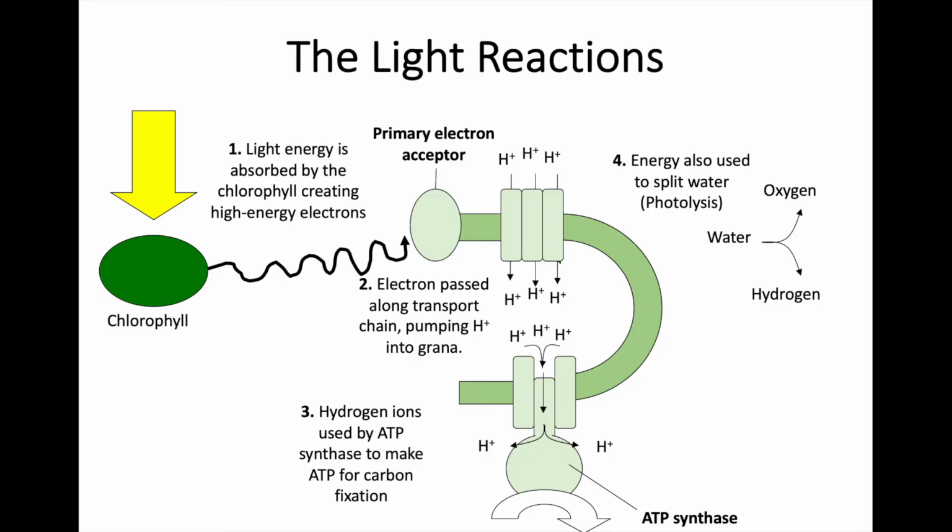Now, the other parallel we're going to draw with the respiration stage of Higher Biology is that hydrogen does not just go into stage 2 itself. It does not exist as its own molecule, which is then used through the process. Instead, it is carried by a coenzyme called NADP. So you might remember that previously in respiration we talked about NAD. You had NAD, which then was NADH as it transported a hydrogen.